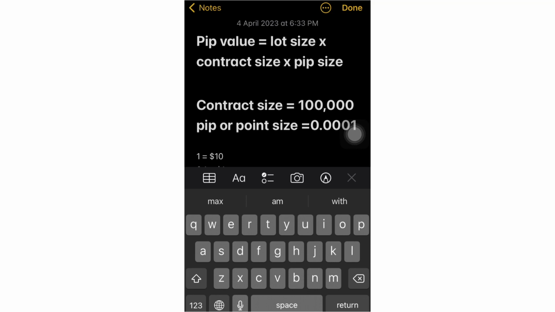Meaning, if you have $5 and you want to buy EURUSD, you can buy in that size. You understand? In that size.